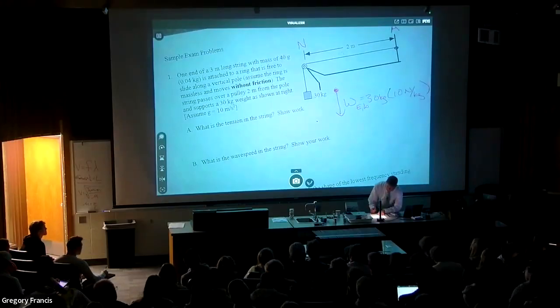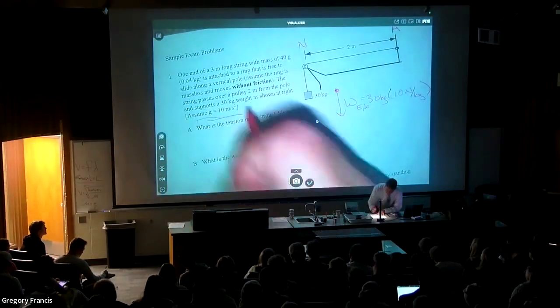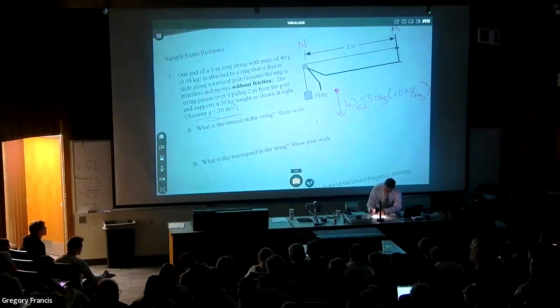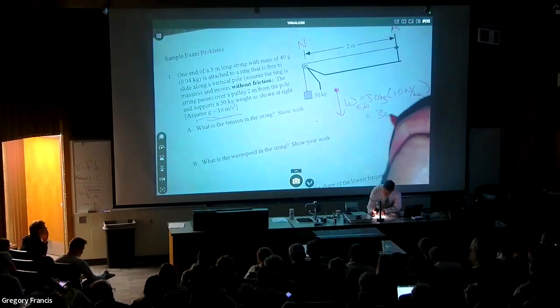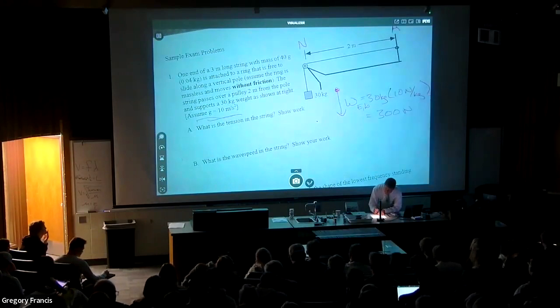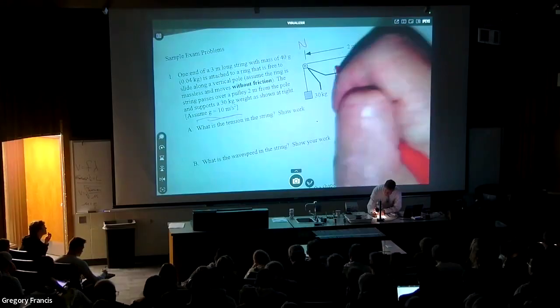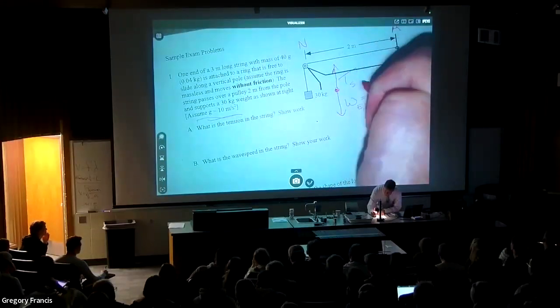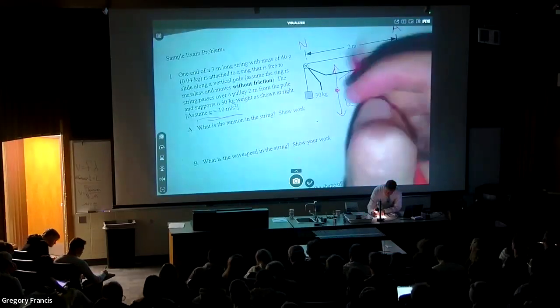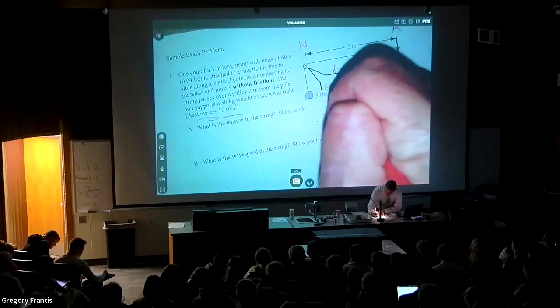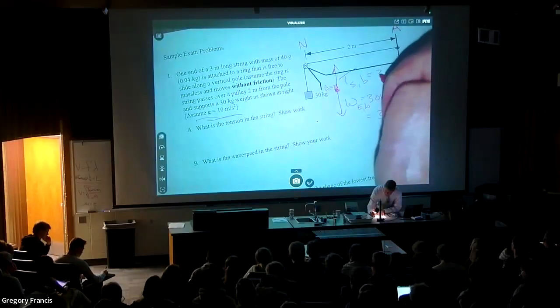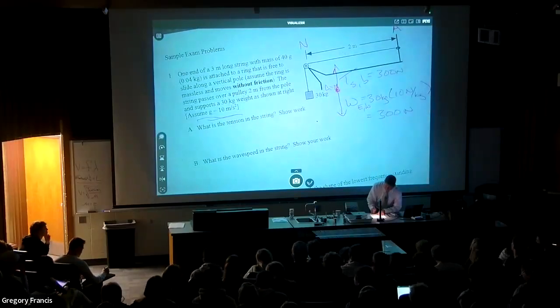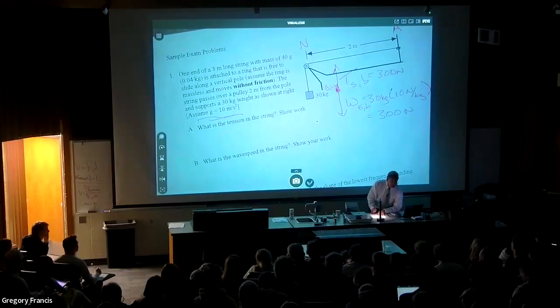It's 9.8 on our planet, but we're going to go to that other planet where it's 10. And that gives me 300 newtons. And that means that the tension force by the string on the block, since this isn't really going anywhere, has to be 300 newtons. Okay.